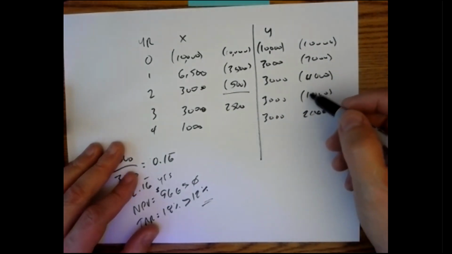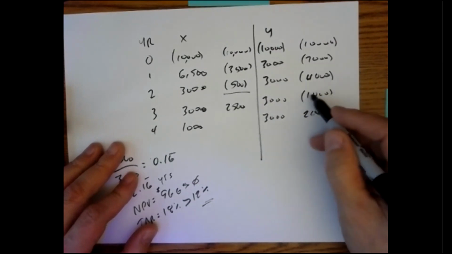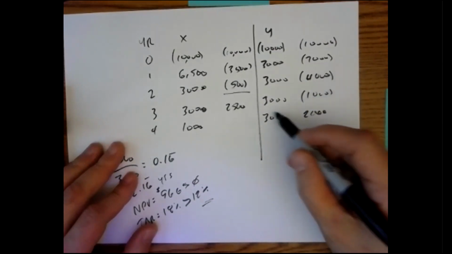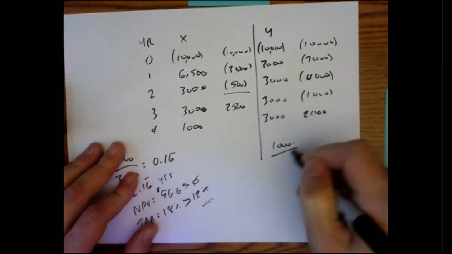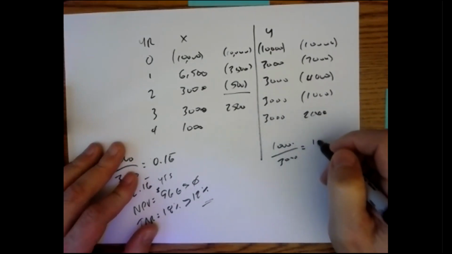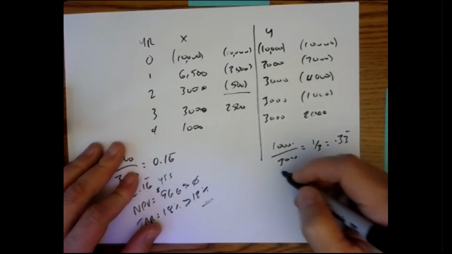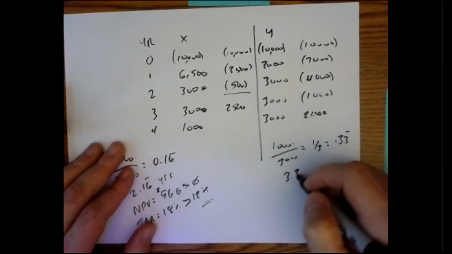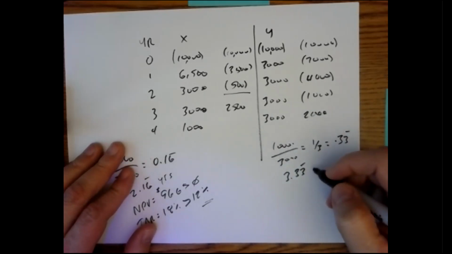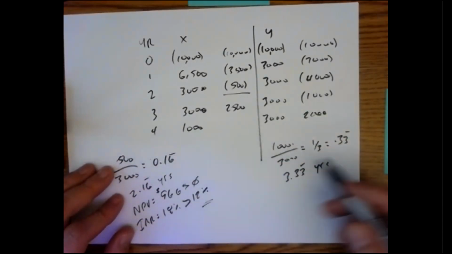So we break even sometime in year four, and we have to earn $1,000 to break even, and we earn 3,000 in year four. So it's 1,000 divided by 3,000, which is 1/3, or 0.33 repeating. So our break even is 3.33 years. It's a longer break even, so it's less appealing for that.